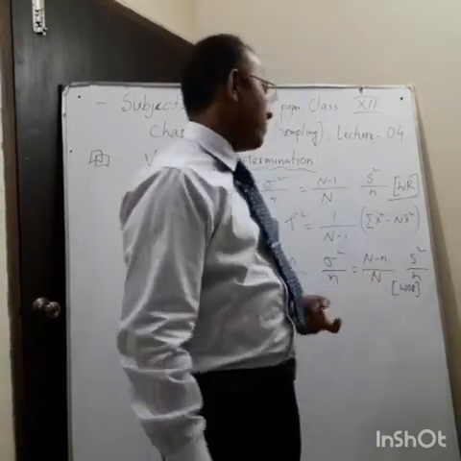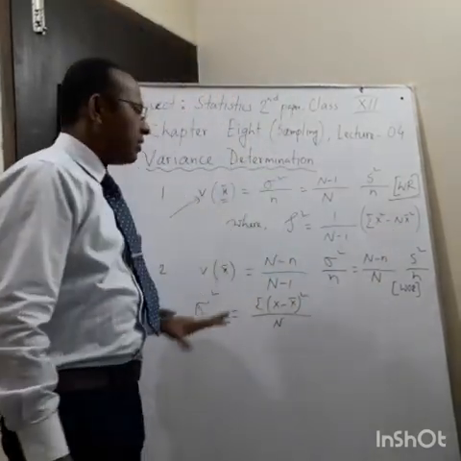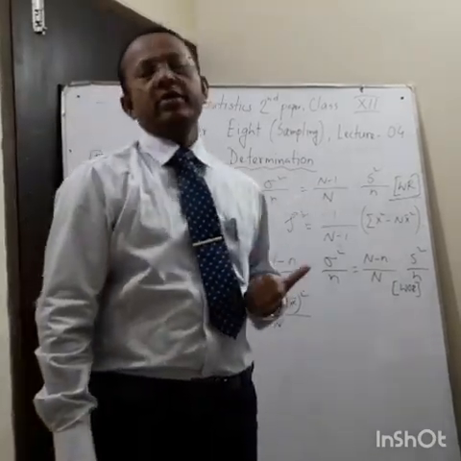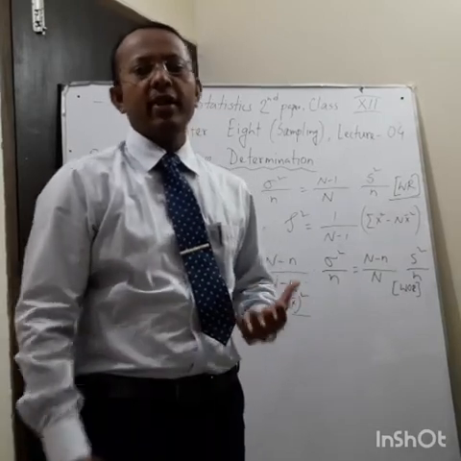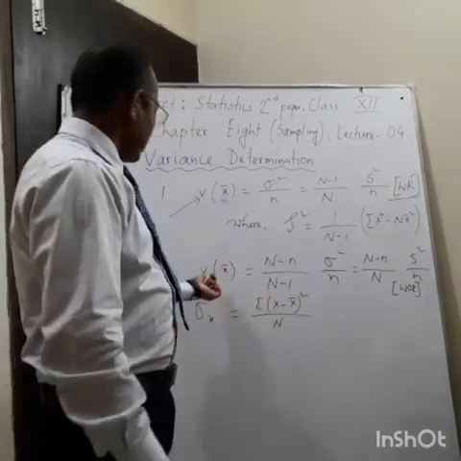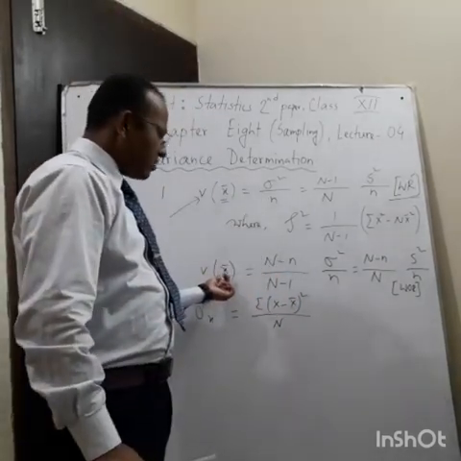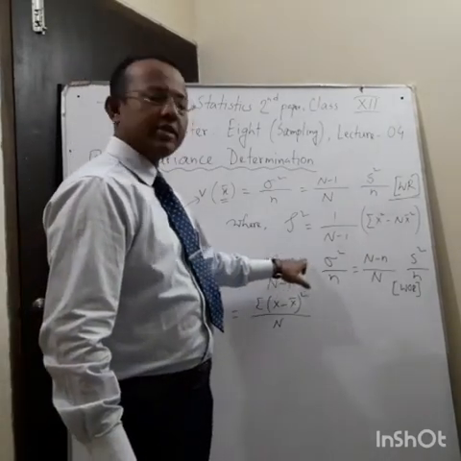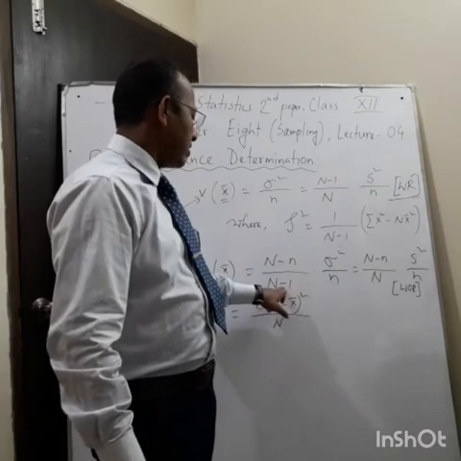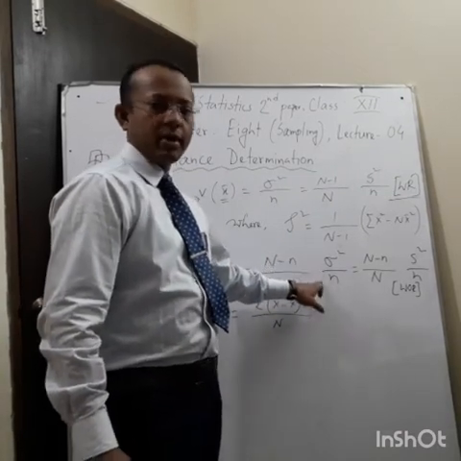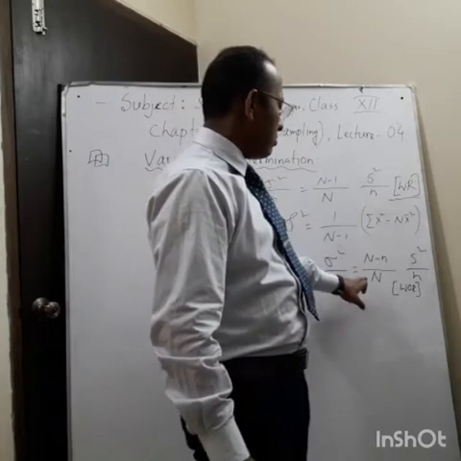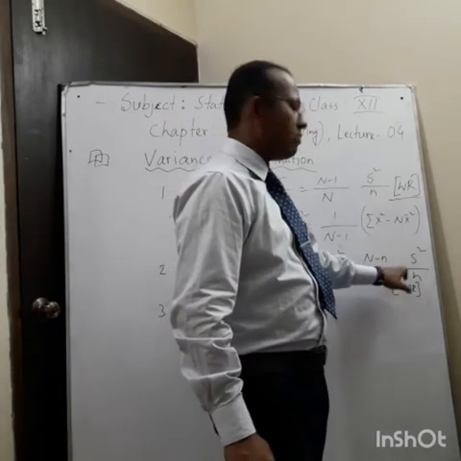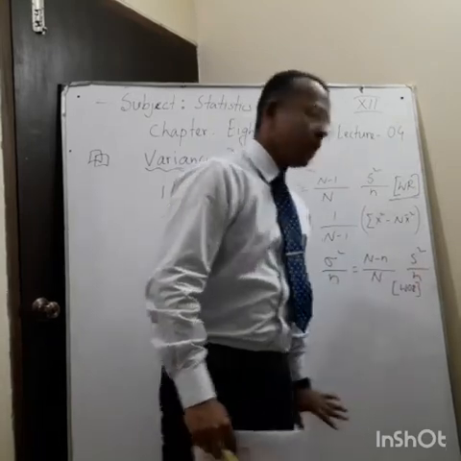capital S square equals 1 divided by (capital N minus 1) into (summation x square minus capital N x bar square). Again, if you collect the sample from the population without replacement, in that moment the formula of the variance of the sample mean is equal to (capital N minus small n) divided by (capital N minus 1) into sigma square divided by n, which is equal to (capital N minus small n) divided by capital N into capital S square divided by n.